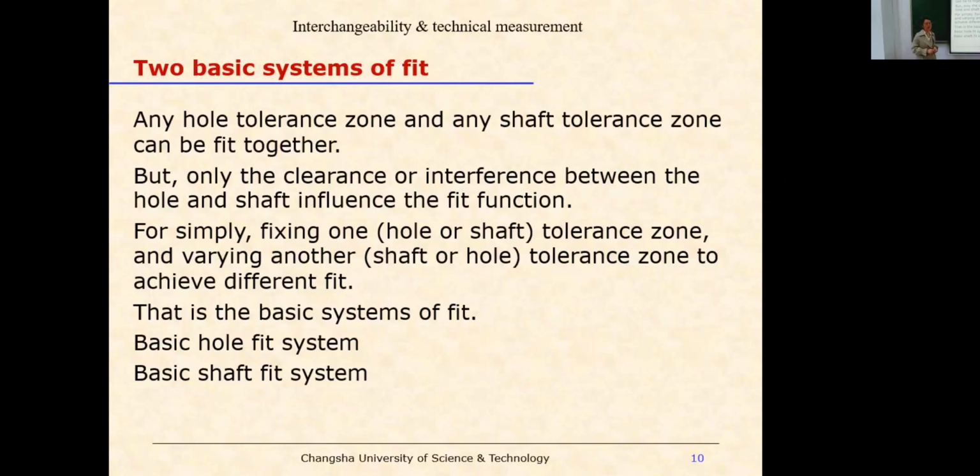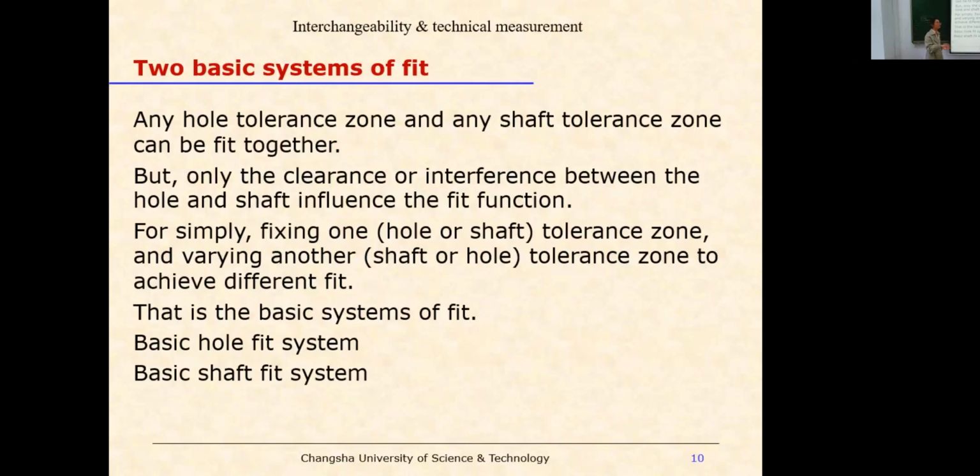But only the clearance or interference between the hole and the shaft influences the fit function. The fit function means that if there is clearance, they can rotate very easily. If there is interference, it is tight, for connection, right? So they influence the fit function.